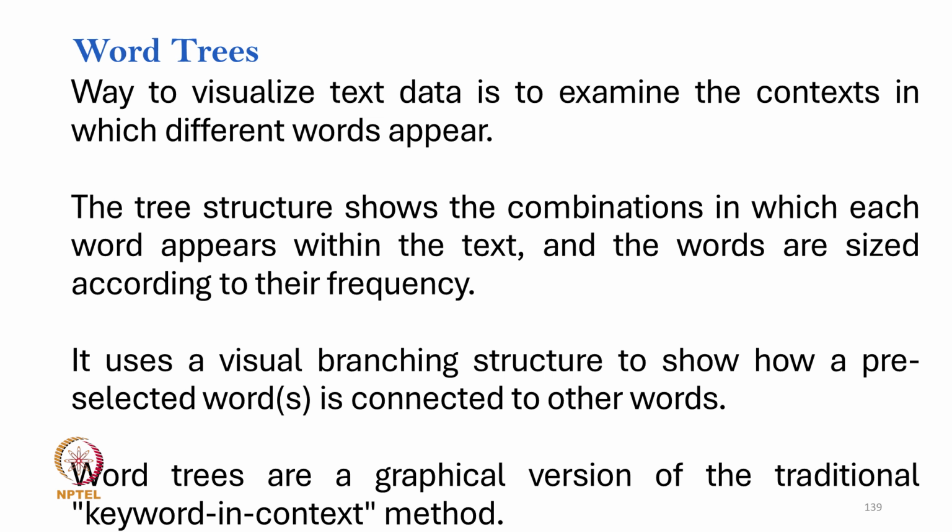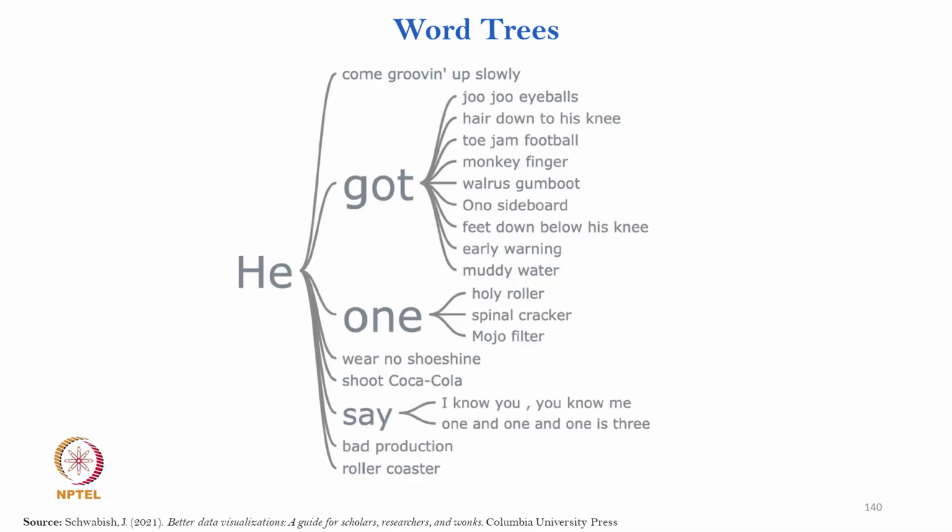The font size of words represents their weights, and it usually uses a visually branching structure to show how a pre-selected word is connected to other words. Word trees are a graphical version of the traditional keyword-in-context method. They enable rapid querying and exploration of bodies of text and specific words.